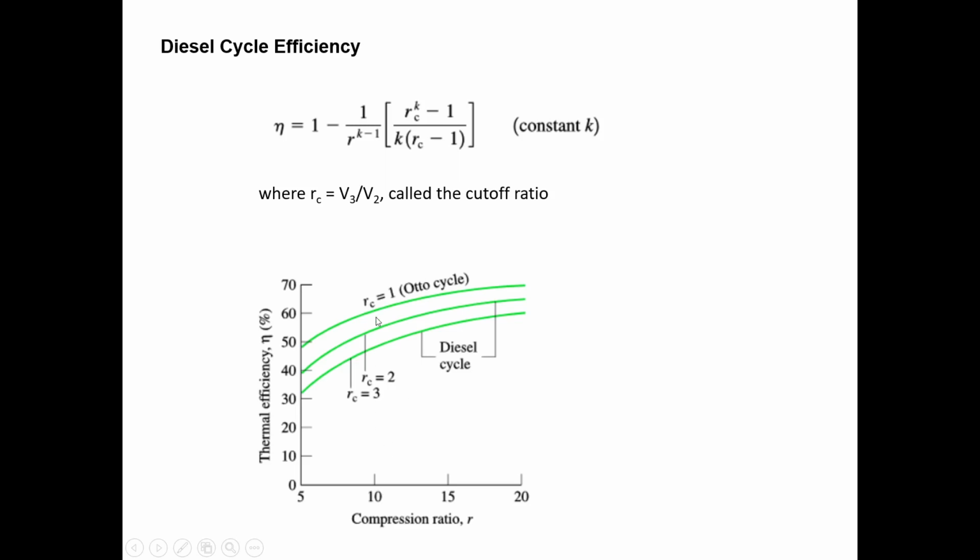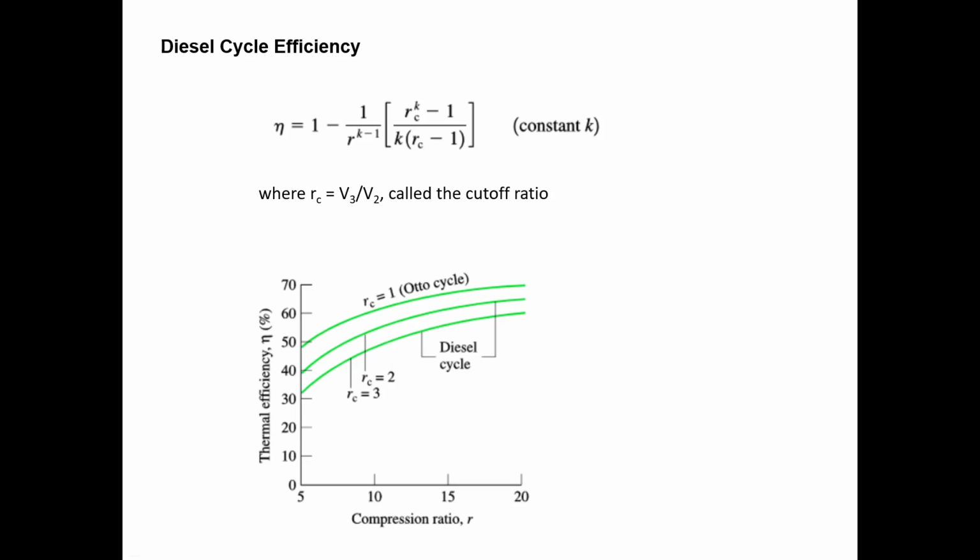So the thing is, if you consider the same compression ratio, the same engine with diesel engine and petrol engine which has the same compression ratio, right, let's say 10, normally the Otto engine or the petrol engine has much higher efficiency compared to the diesel engine for the same compression ratio.